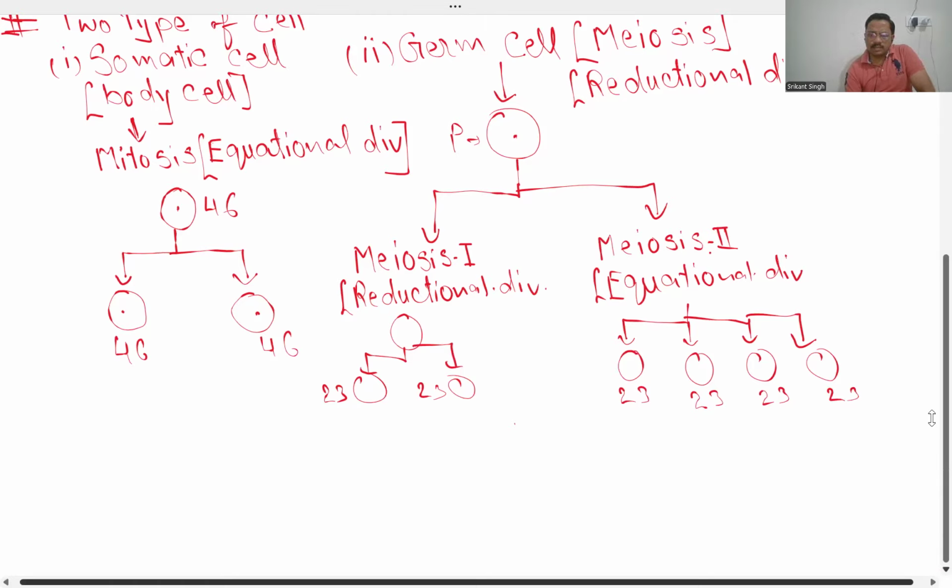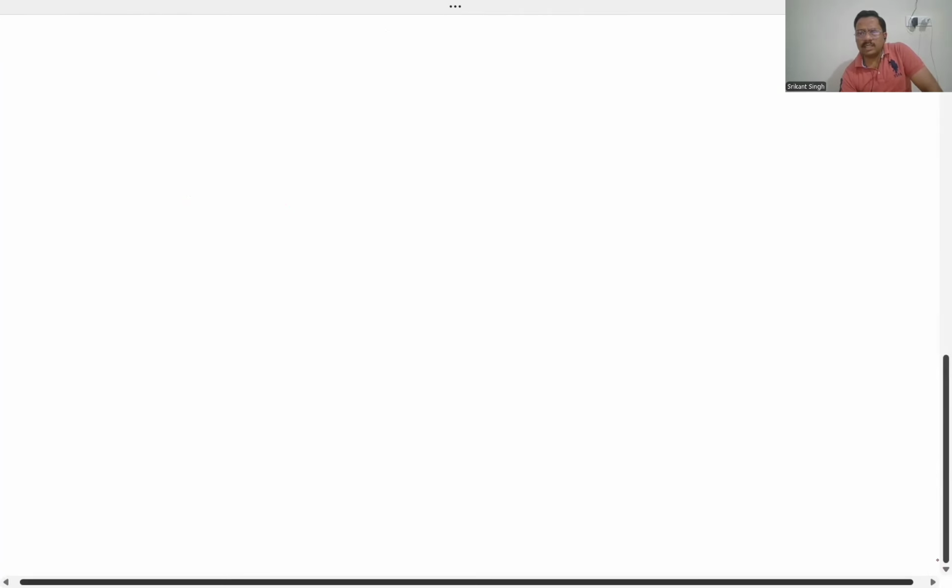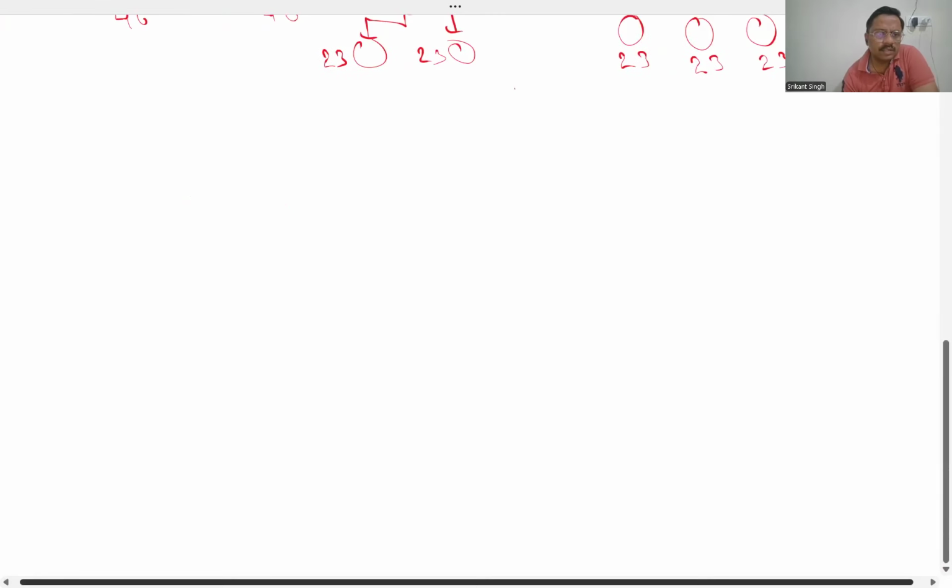Now let's understand the cell cycle. For cell division, it is a biological process, beta.